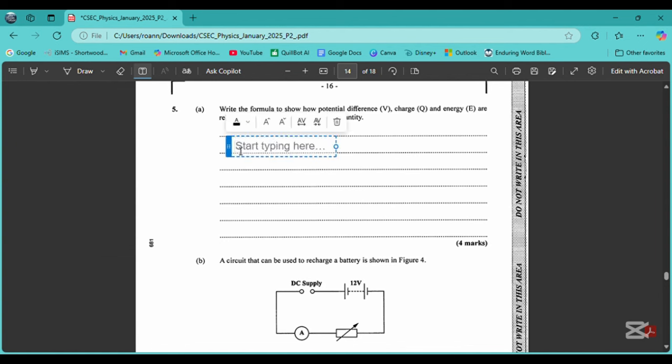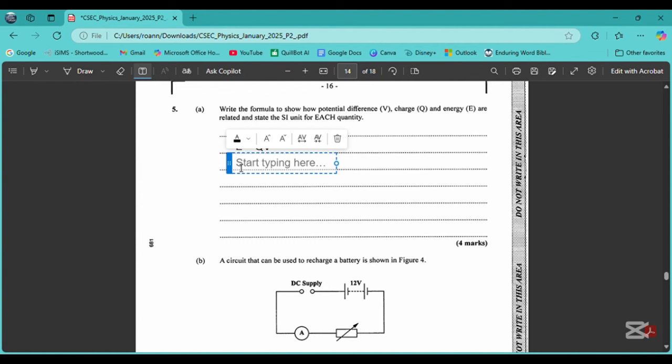Now the formula that relates all three quantities is E is equal to QV. So this is the original formula. Yes, you could transpose to say Q is equal to E over V, or V is equal to E over Q, but the original formula is E is equal to QV.